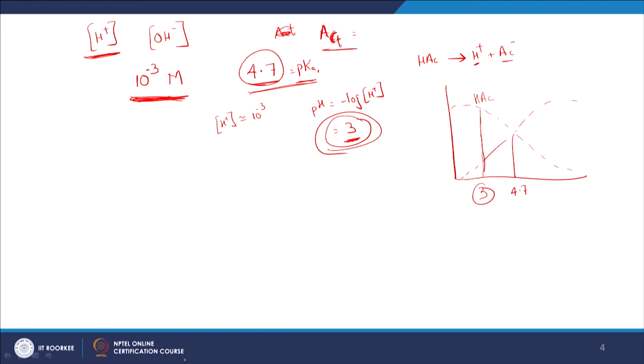At best it is going to be near your pKa, but because we added considerable concentration, 10 power minus 3, let us assume that the pH is going to be relatively near pH 4, right. It is going to be below 4.7, somewhere over here, but it is not going to be as far off as pH 3. So, this is one particular solution.